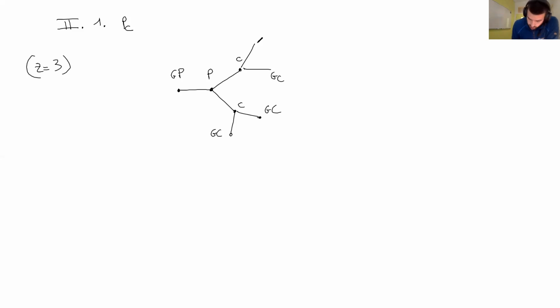So let's assume again that we have a probability p of activating a bond. So the grandparent has 1 kid, okay? So you have 1 bond here. The number of bonds at the next generation is z-1 multiplied by the probability of activating the bond.